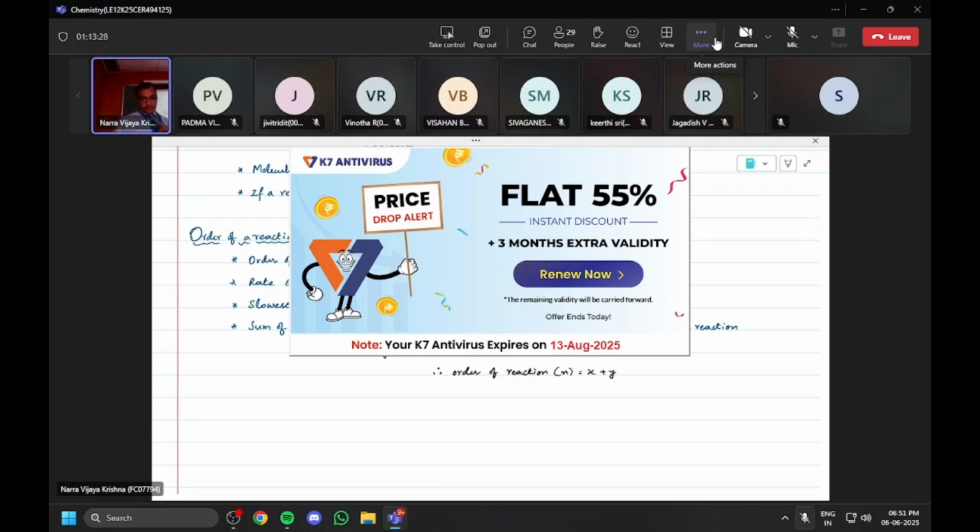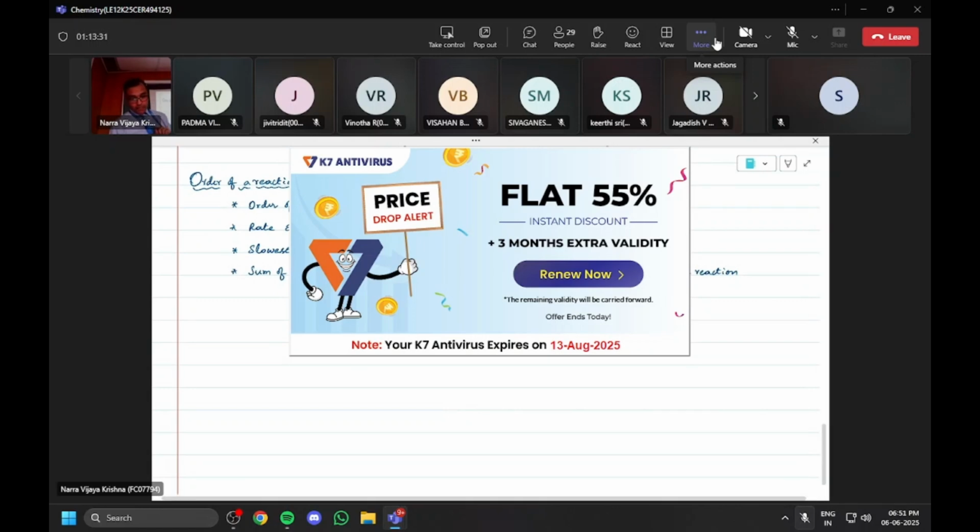For example, I am studying decomposition of ozone. It occurs in two steps. Step 1: ozone gives rise to O2 plus nascent oxygen.